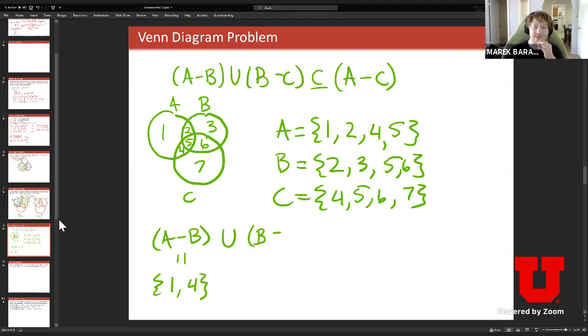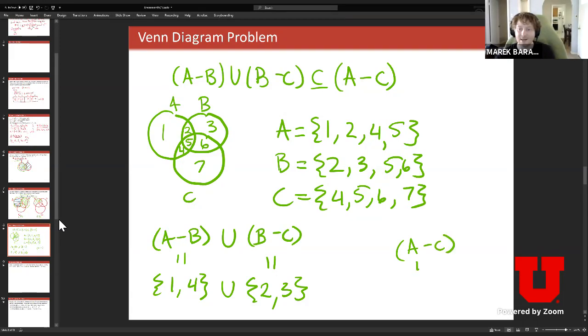And B minus C, that's equal to, so 2 is in B, but not in C. 3 is in B, but not in C. 5 and 6 are also in C. And then we have A minus C, and that's equal to {1, 2}, and that's it.